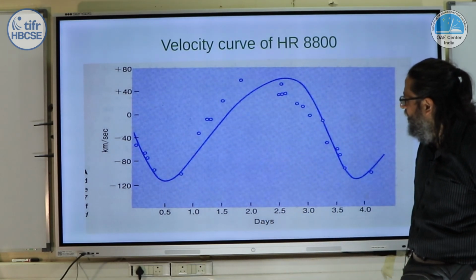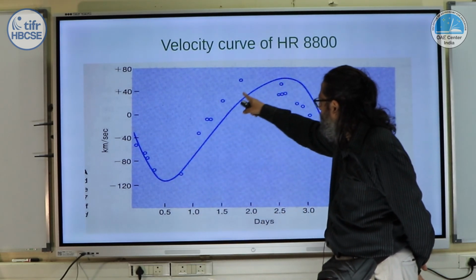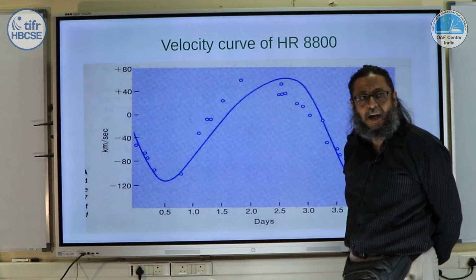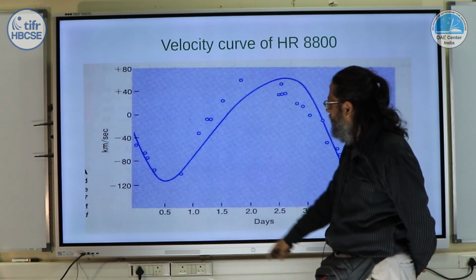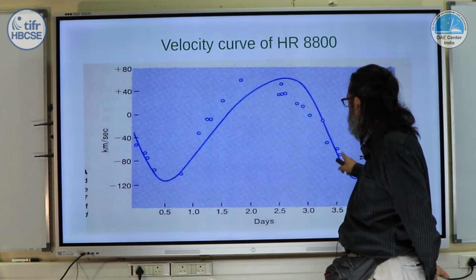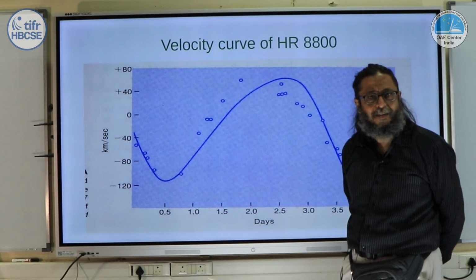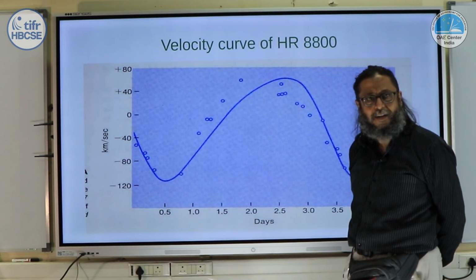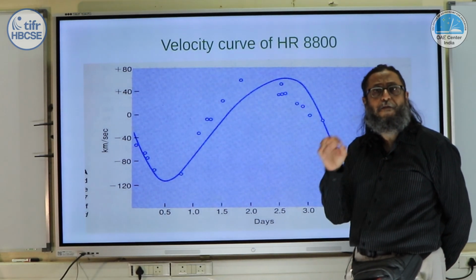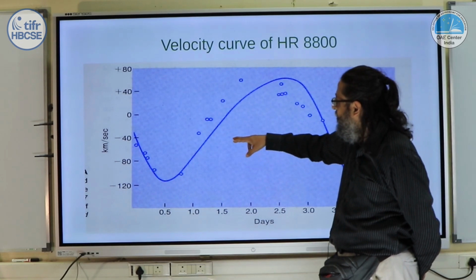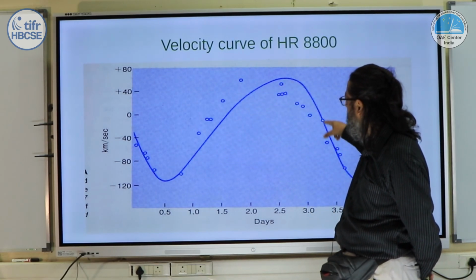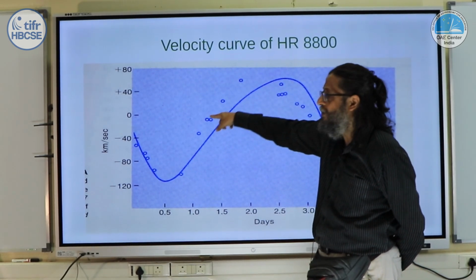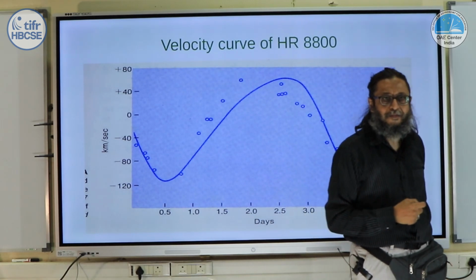This is an example of a single line spectroscopic binary. Here you can see the data points correspond to only one star, and it might appear to you that the solid line is actually not fitting the data points. But basically this is the best fit parameter, such that the deviation of this solid line from all the data points is minimized.